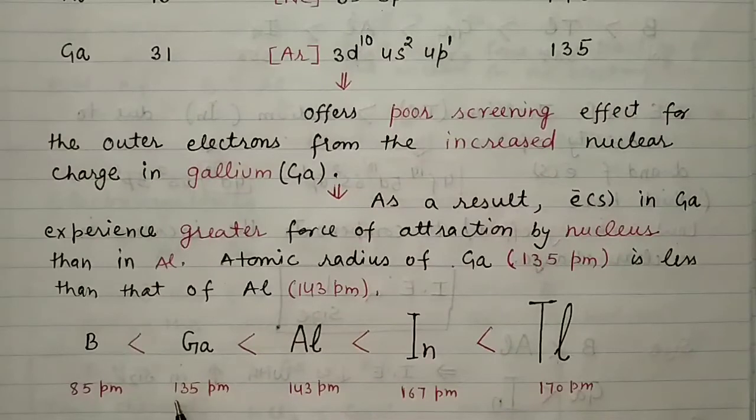That's why here the size is reduced. It is 135 picometer. In the case of aluminium it is 143 picometer, indium 167 picometer, and thallium is the largest one, 170 picometer. So this is the order of atomic and ionic radii for the group 13 elements, that is the boron family.